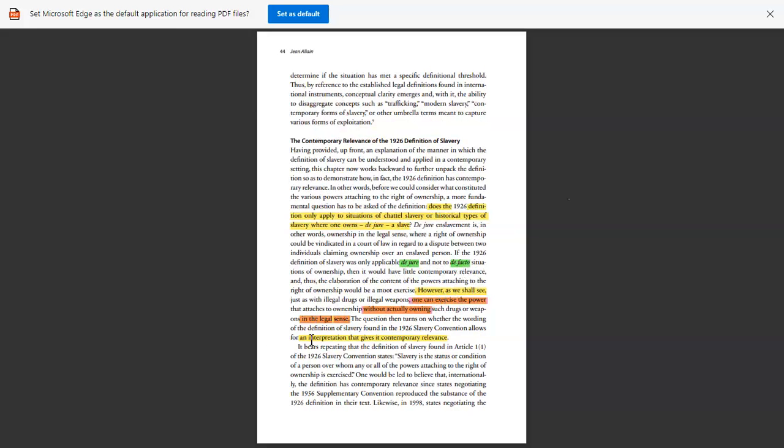And that, through this convention, basically allowed for an interpretation that gives contemporary relevance. That means today, things can be done in a de facto status, which would be contrary to law, even though it's not legally contemplated as contrary.